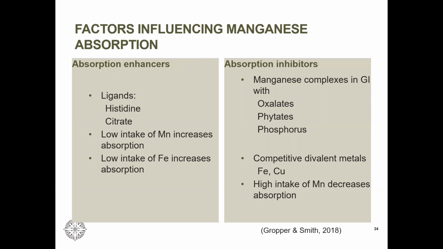There are some deficiency signs of manganese, such as impacted growth, reproductive function issues, skeletal abnormalities, even issues with glucose metabolism, because manganese is a cofactor for one of the carbohydrate metabolism enzymes.